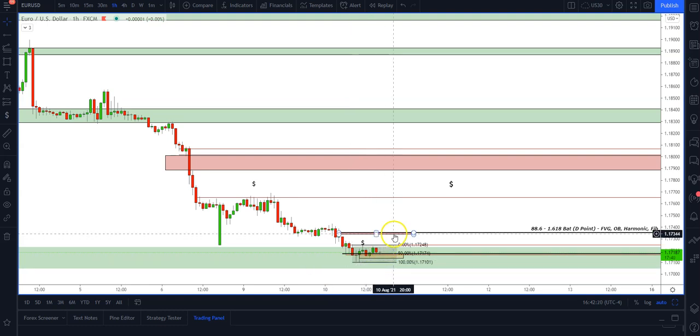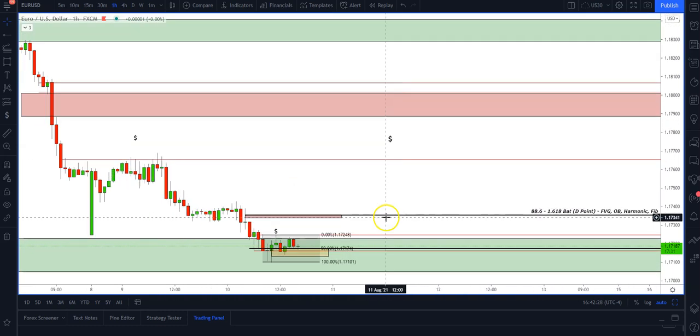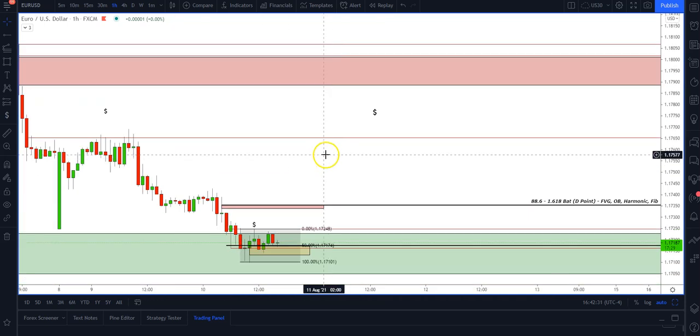So it might do this, bounce back down, and shoot up and grab liquidity up here and the fair value gap right here. But that's not our focus right now.